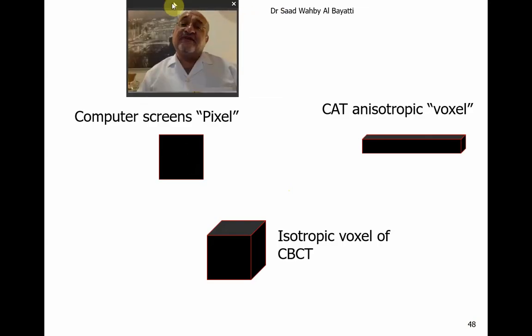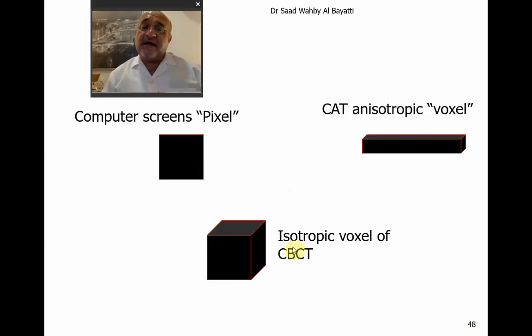This is a representation of what we meant by the voxel in the CBCT. Now on a computer screen, what you see is a 2D pixel, not a voxel. When it is 3D, it is called a voxel. Okay.